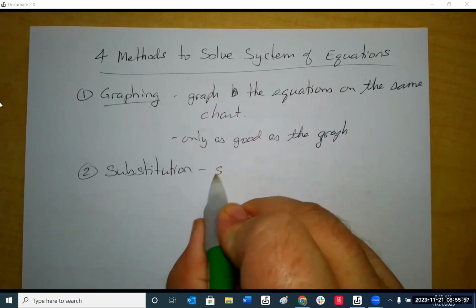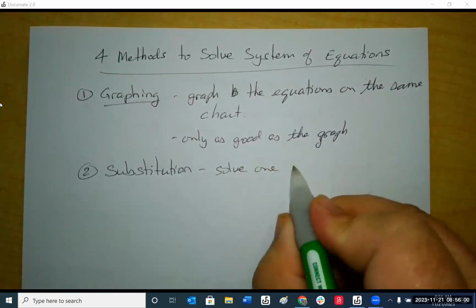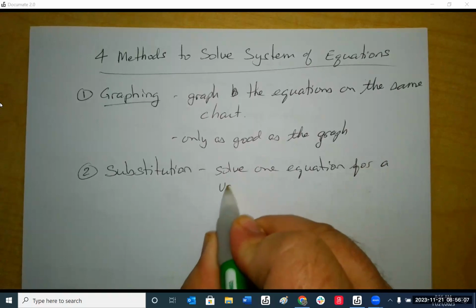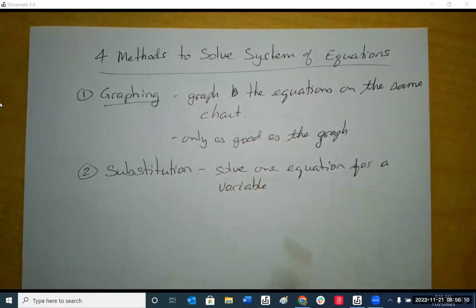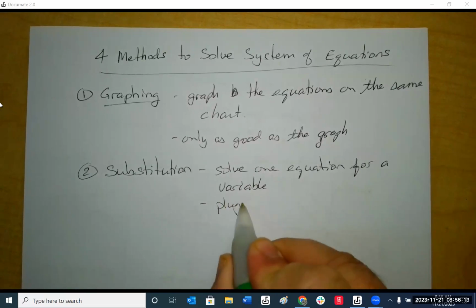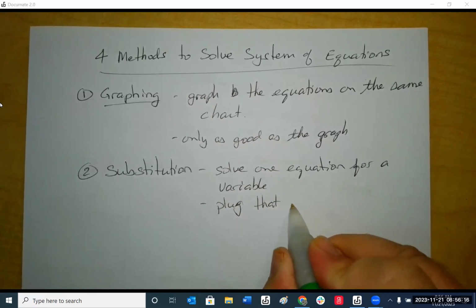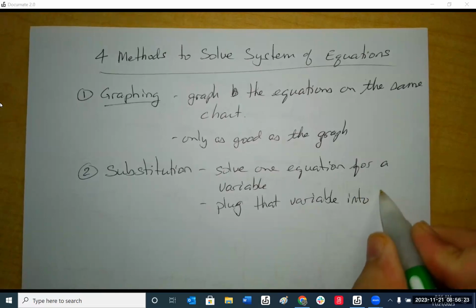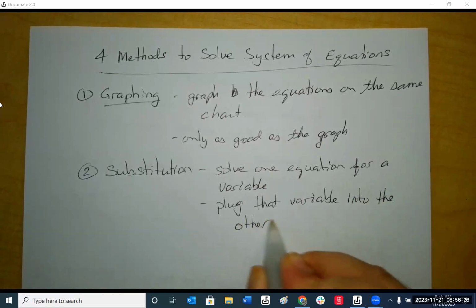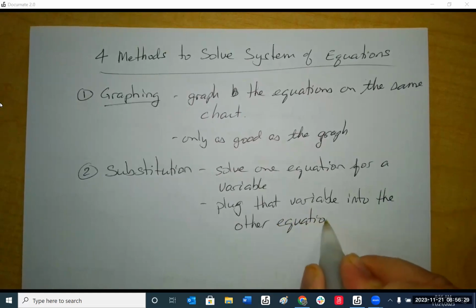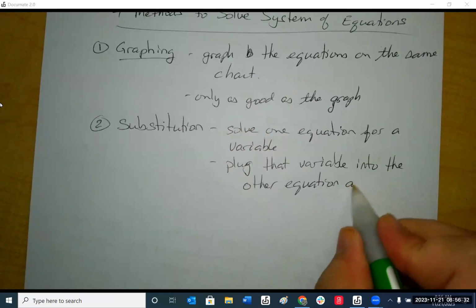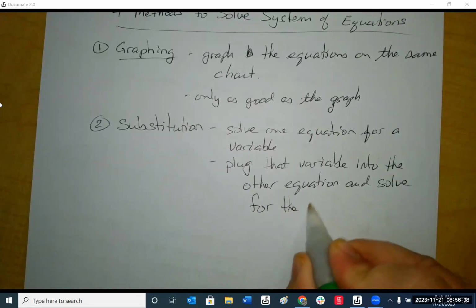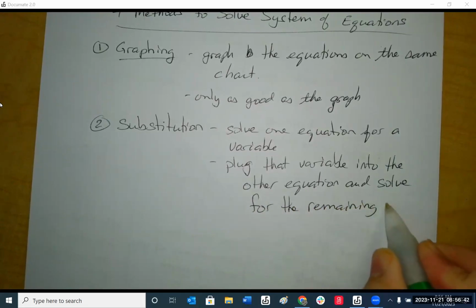This is when you solve one equation for a variable, plug that variable into the other equation, and solve for the remaining variable.